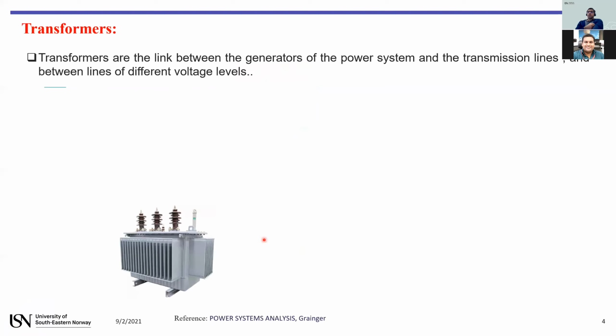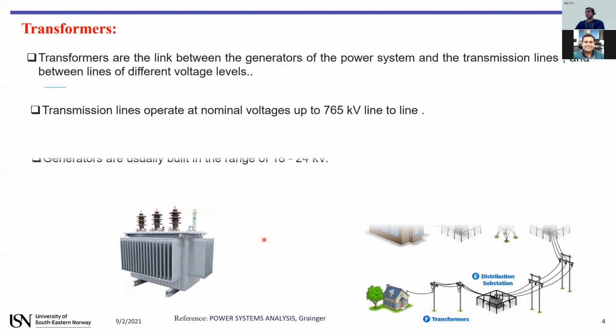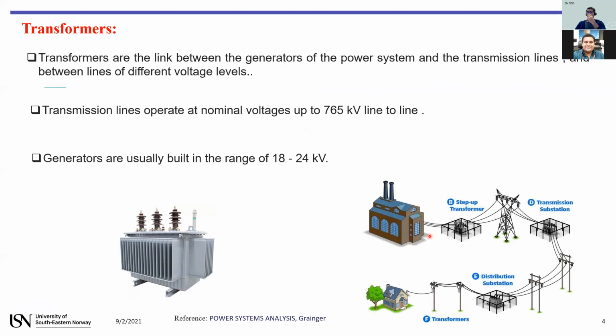The transformers are the link between the generator of the power system and the transmission line, and also between the lines. I can show you in this power system, transmission lines are operated at approximately 700 kilovolt, but the generator works at 18-24 kilovolt.